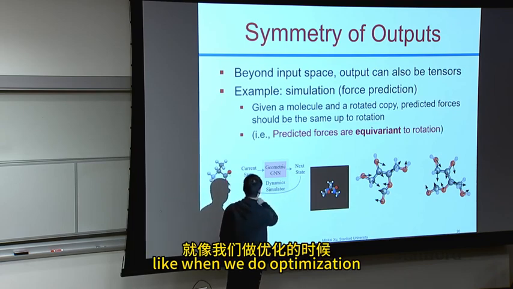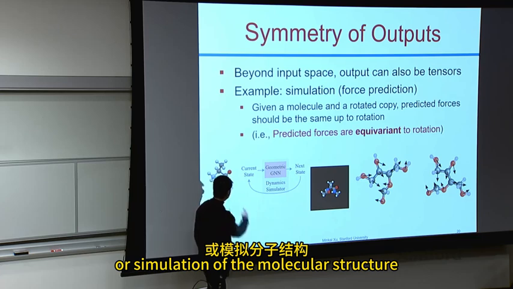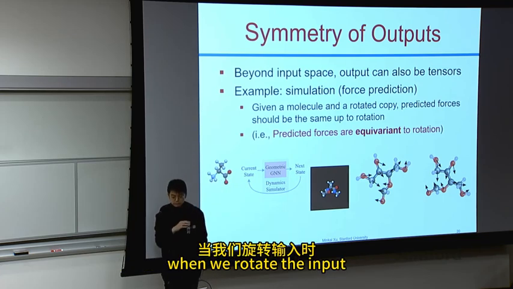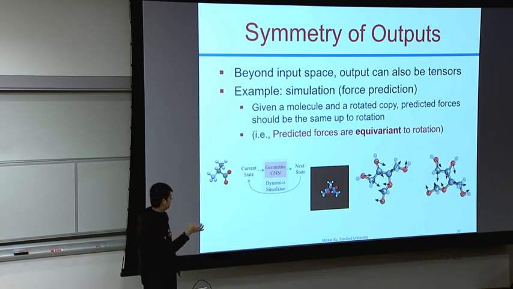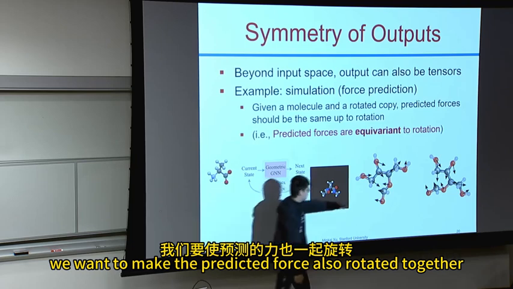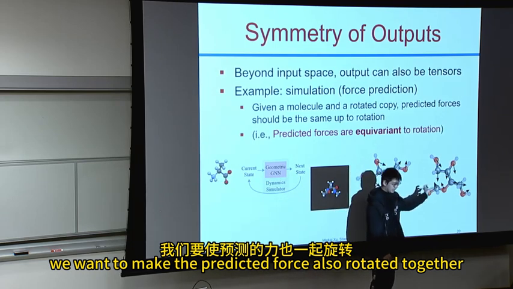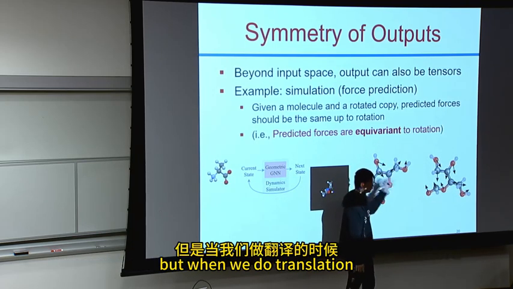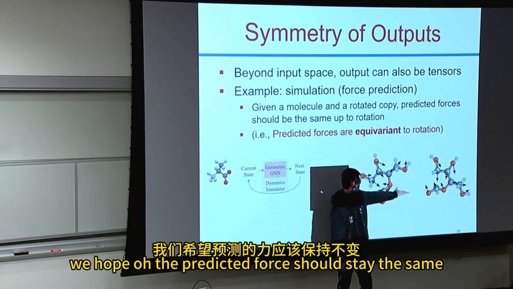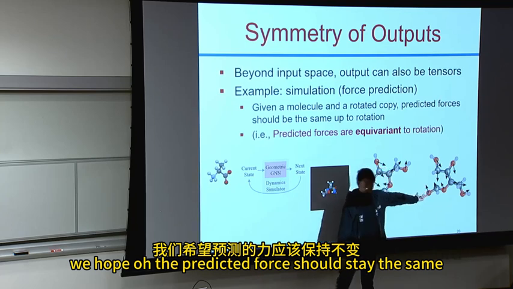Like when we do optimization or simulation of the molecular structure, when we rotate the input, we want the predicted force to also rotate together. But when we do translation, the predicted force should stay the same.